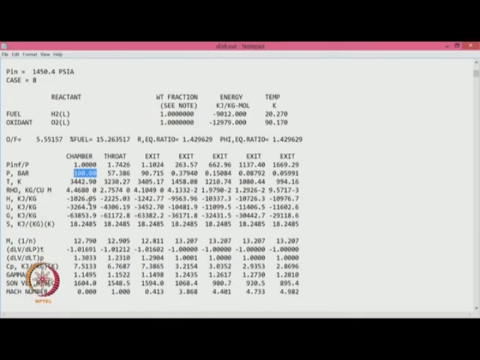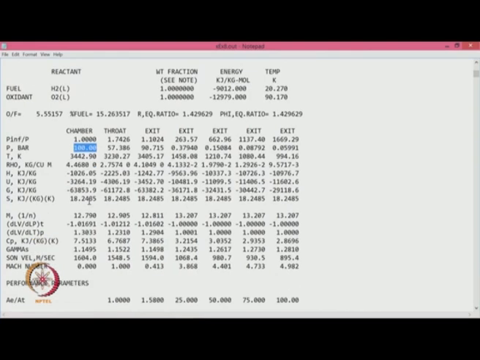Now, look at what happens to molecular weight. This column here is molecular weight, and it is somewhere around 12.8. The temperatures you get are given here. This is in the combustion chamber, so this is almost 3450, and this is the throat region.